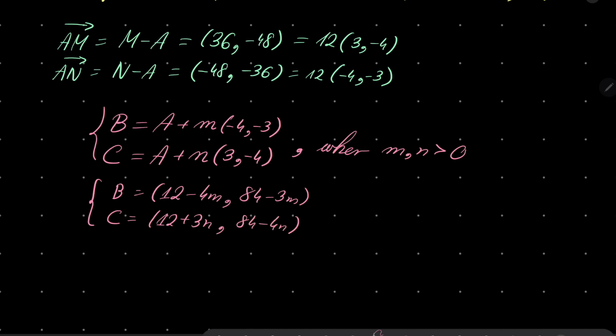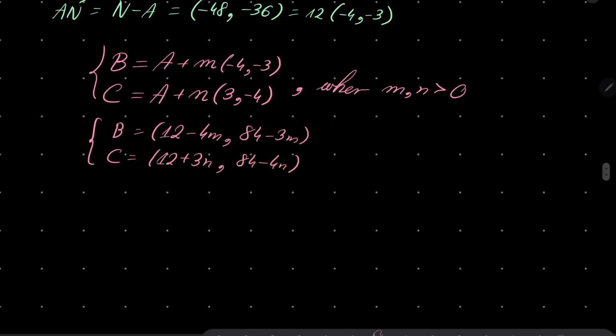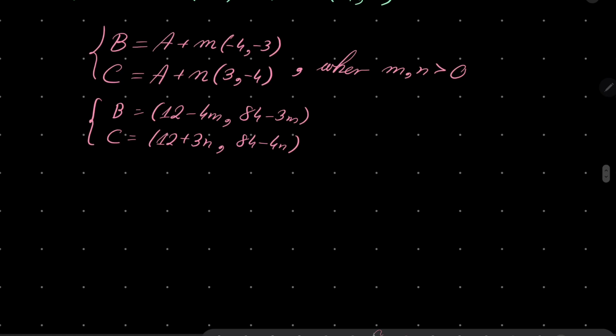All right, and now notice the following thing, that points B and C are lattice points, so they have two integer coordinates. So B and C are lattice points.